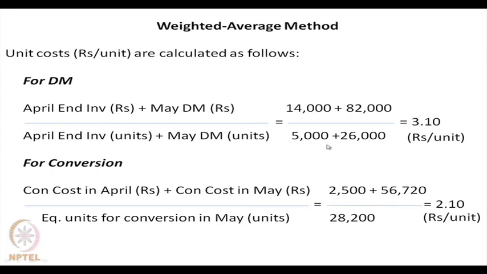If we divide, that is the rupees per unit cost of direct material. So, we had 5,000 units and the direct material cost was 14,000 associated with 5,000, and now 26,000 items were started in production and they received 82,000 as direct material cost.